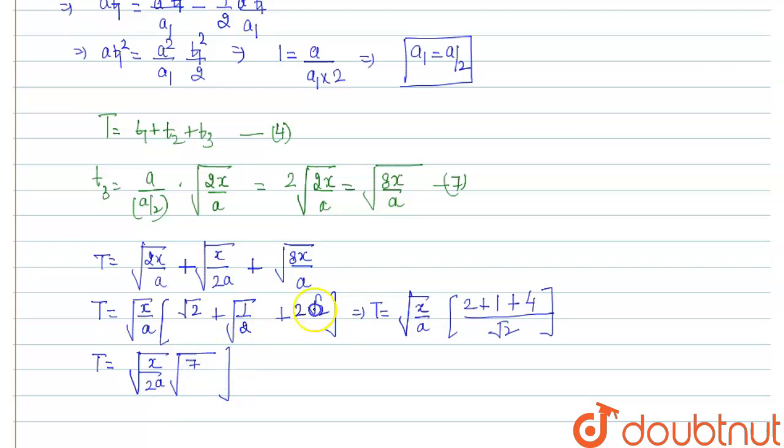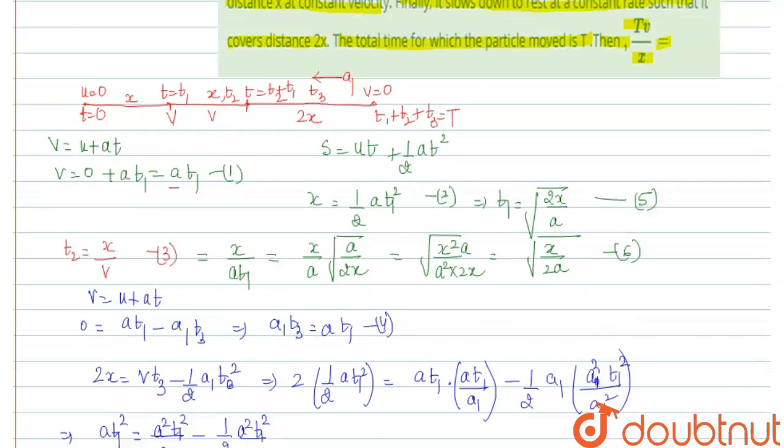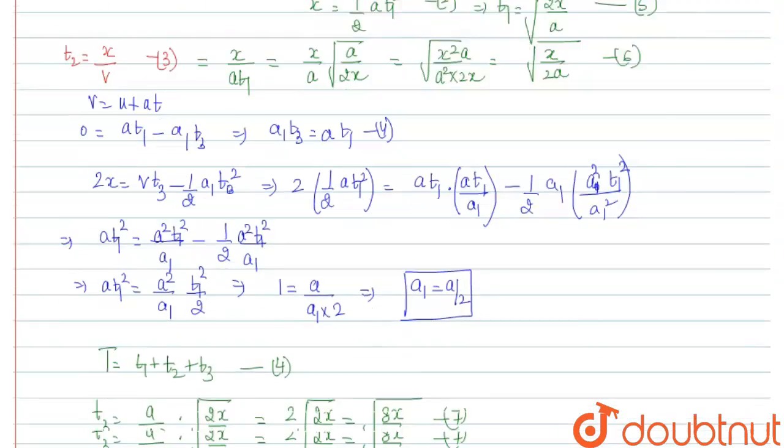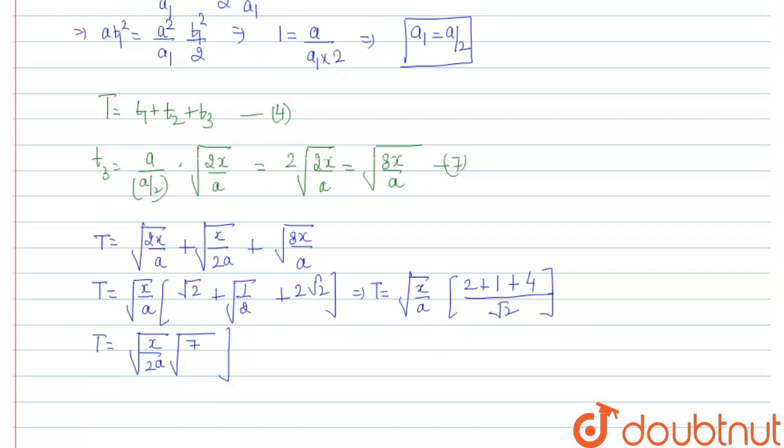This is equal to 7. We have to find here the value of Tv upon x. So Tv upon x and v is equal to 81. So the value we solve here, that this is in bracket root, it is 7, not root 7.